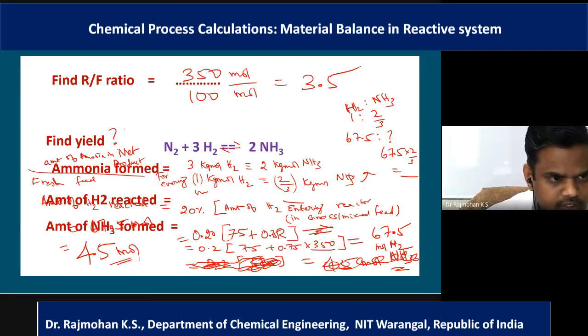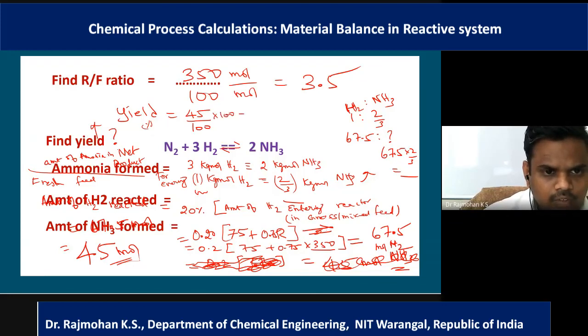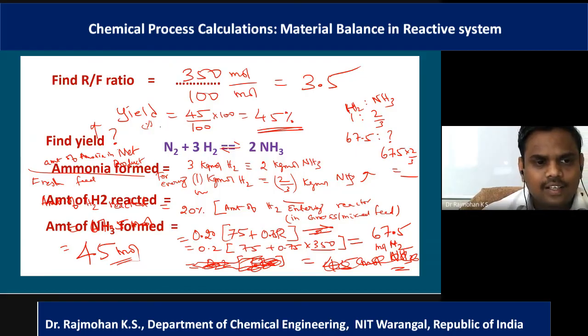Then we can say what is the yield. Yield is equal to the amount of ammonia formed, which is 45, divided by fresh feed, and in terms of percentage you multiply by 100. We get 45% is the yield of ammonia. Okay, yield of ammonia.